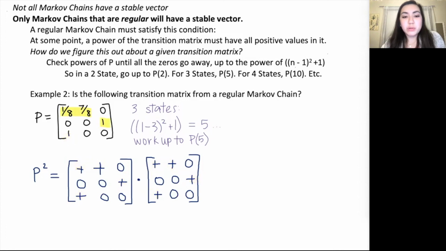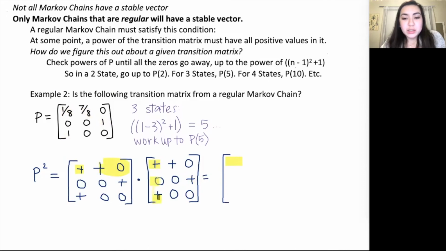So now we're going to go through and look at what we would get if we were to multiply this. And it's hard to do on Zoom, but try to follow along. So for this value, we're going to have positive times a positive plus positive times 0 plus 0 times a positive.